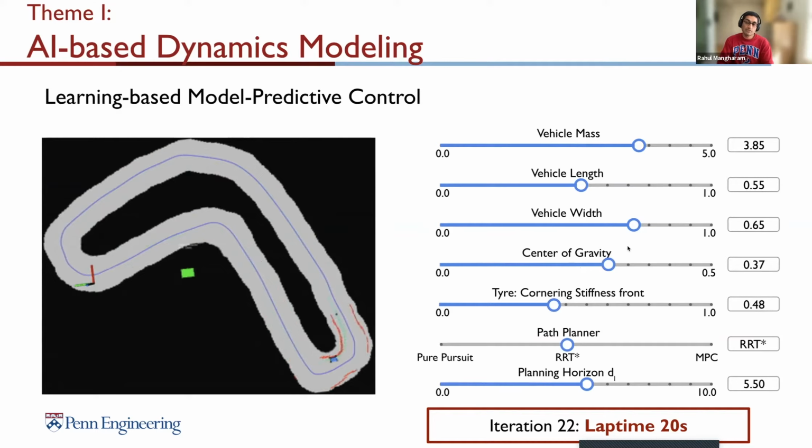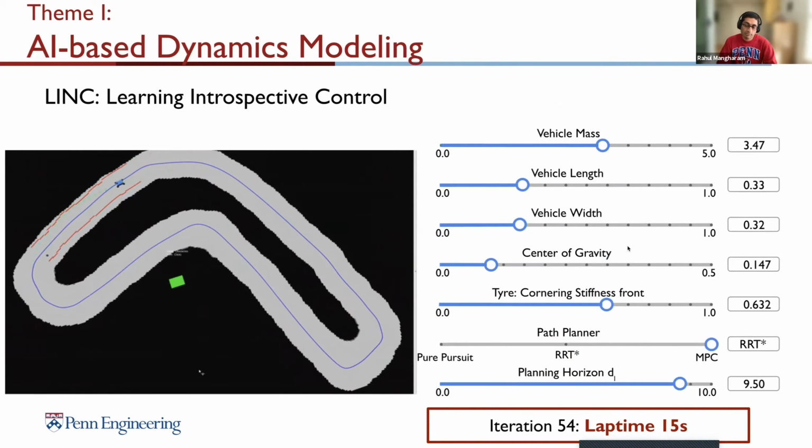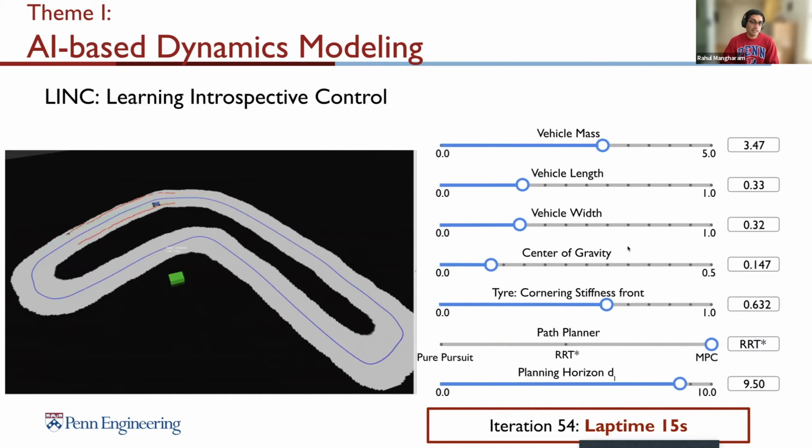Say by lap 22, you have automatically started to tune the vehicle and it's down further to 20 seconds. Then by some other lap time, you can see the vehicle is learning and is also drifting and really pushing its limits. If it pushes beyond this level, it will basically topple over or crash.